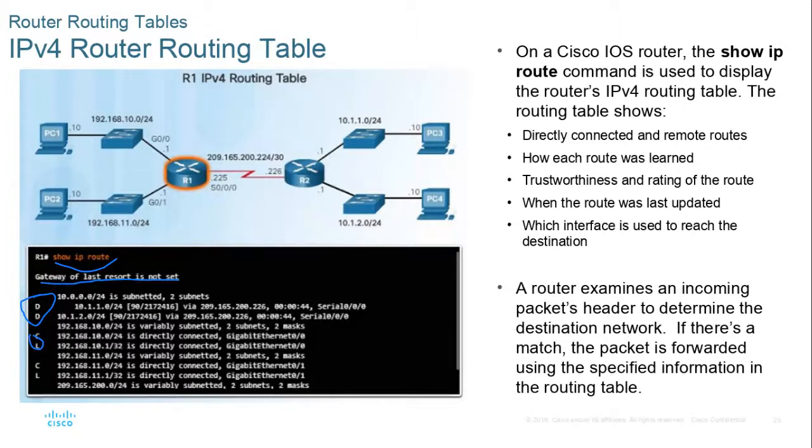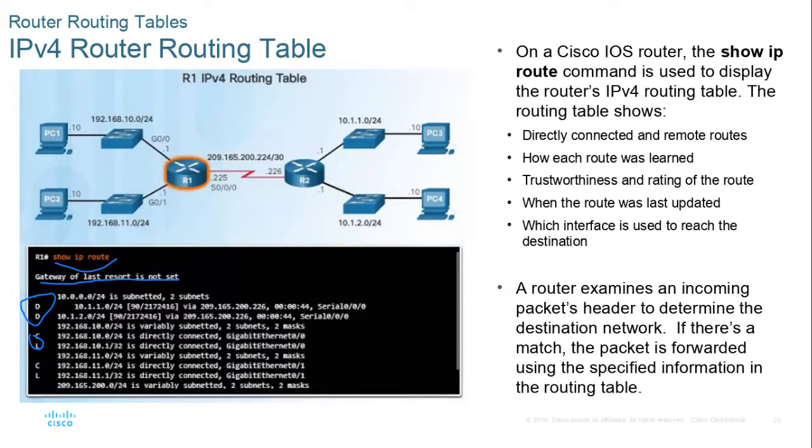on this one. So the show IP route command shows us what's in the routing table: directly connected routes, remote routes. If a default route has been established, it'll show us that. It gives us a lot of information about how he learned the route. Remember the Boy Scout thing: trustworthy, reliable, friendly, helpful. So we've got a number here for determining the value of how I learned about a remote route.